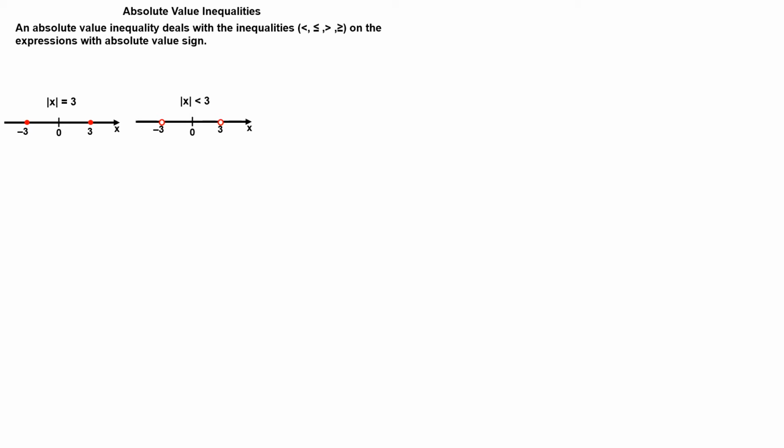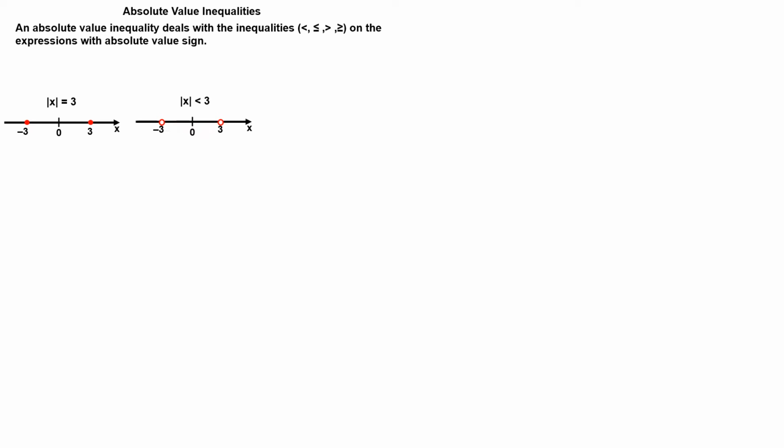Looking at the inequality, we see that the number 1 will work as a solution, as will minus 1, because each of these is less than 3 units from 0. The number 2 will work as will minus 2, but 4 will not work, and neither will minus 4, because they are too far away from 0.